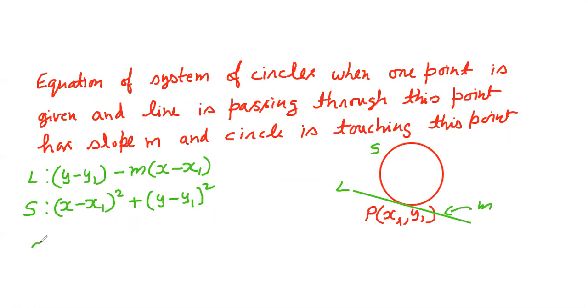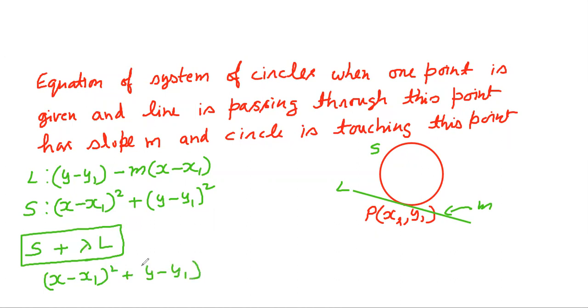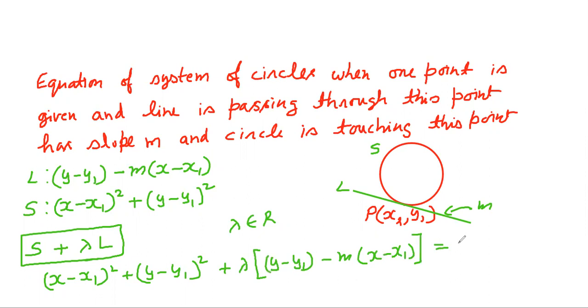So what is the formula? The formula comes out as S plus lambda L. Put the values of S and L and you will get the answer. The equation of the system of circles will be (x minus x1) squared plus (y minus y1) squared plus lambda times the equation of the line, (y minus y1) minus m times (x minus x1), equal to 0, where lambda belongs to the real numbers.